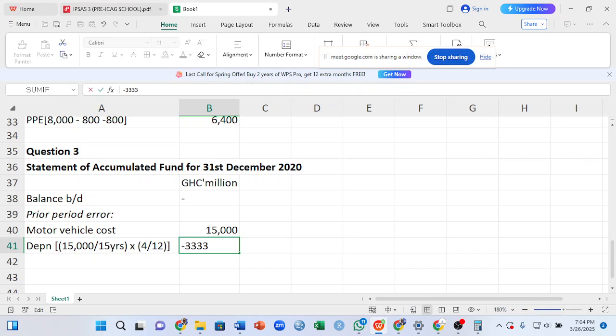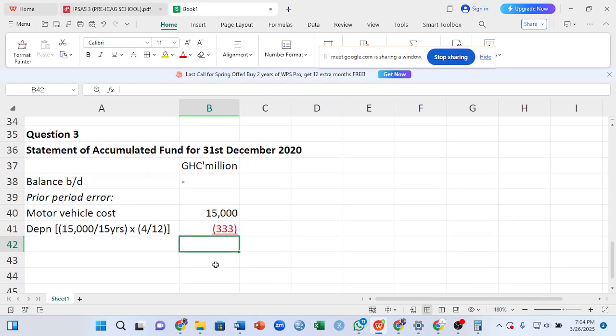Yes, four threes. Okay. What will be the net effect?